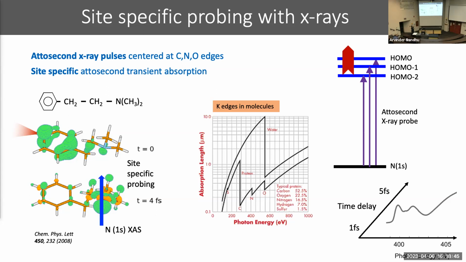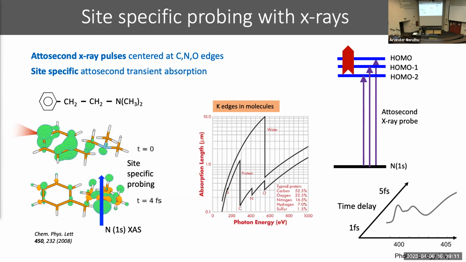If this is my nitrogen atom, I can shine my light on this molecule, and whenever charge comes here, I will see that these orbitals fill up, and then these transitions shut off. So by monitoring the absorption as a function of photon energy and time delay, I can figure out the motion of charges inside the molecules.